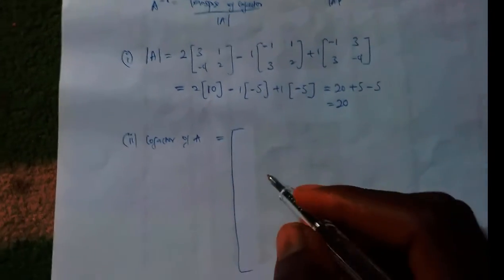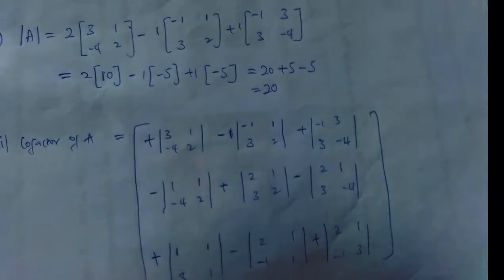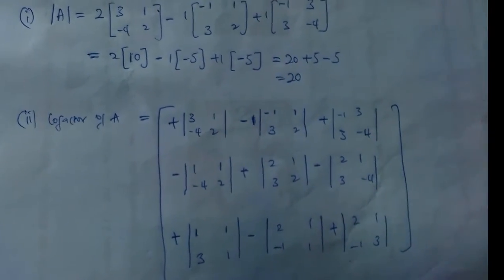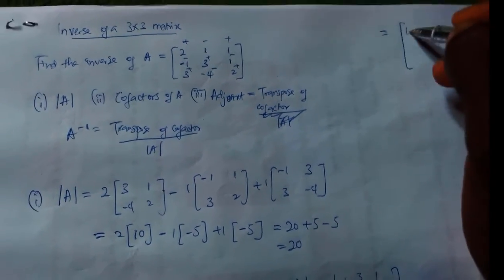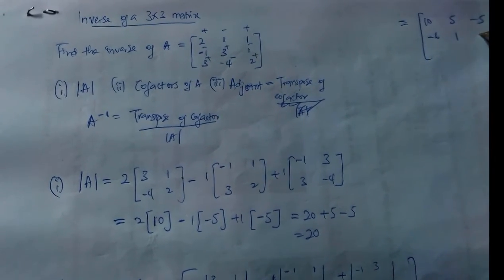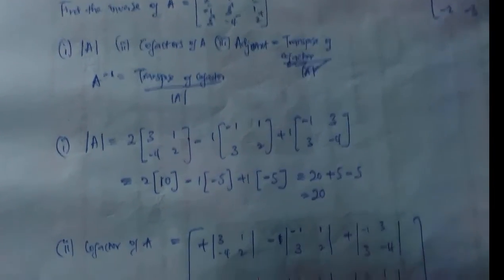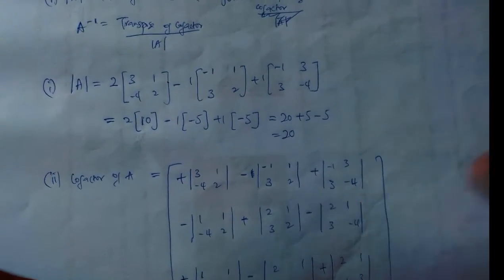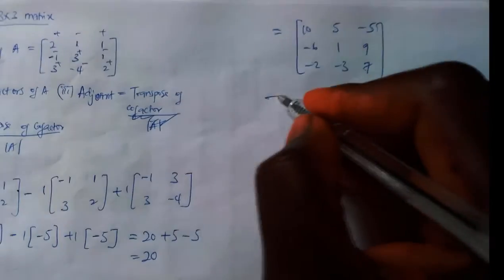After inputting and solving all this, I'll be getting my answer to be 10 5 minus 5, minus 6 1 9, and minus 2 minus 3 7, by finding the determinants of all these elements here. So those are the cofactors of my A.